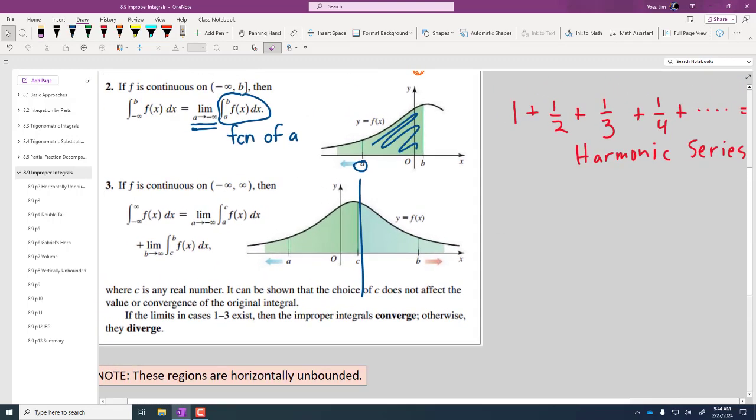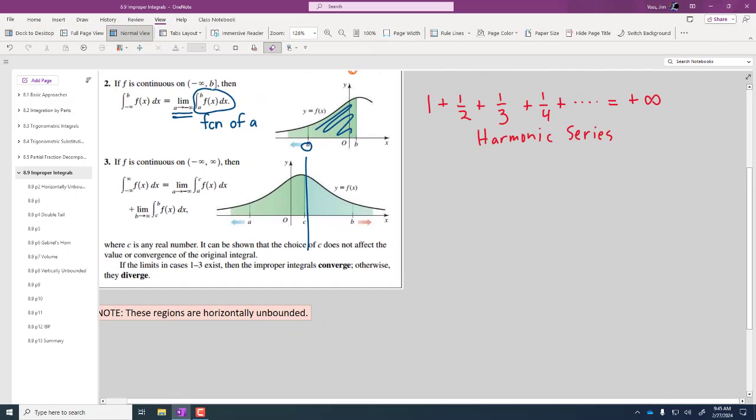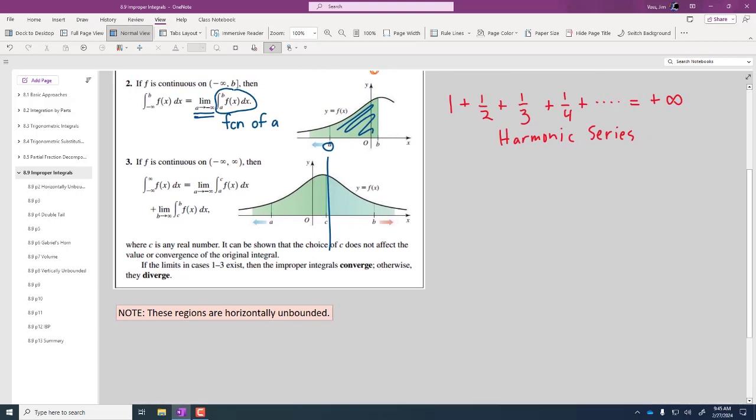You have to do this improper integral to the right. Both of them have to give you a finite result in order to get a total that's finite. If either tail has infinite area, then the total area is infinite. So that's the worst case scenario because you have to do both, which is a pain, obviously. So it's twice the work.